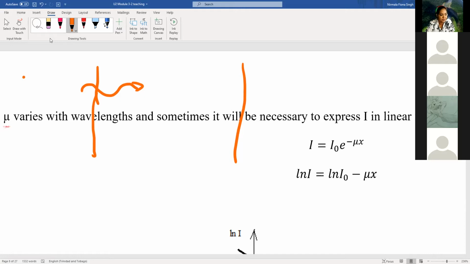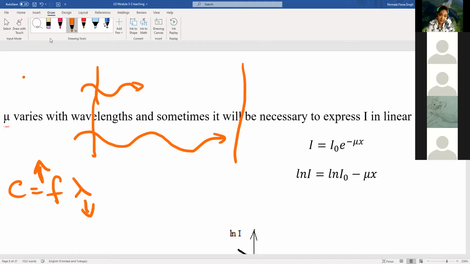But if I use an X-ray with a smaller wavelength, which means it has a higher frequency, c equals f lambda. When your wavelength gets small, your frequency gets large. So whether I use a bigger wavelength or a smaller wavelength tells us how far it's going to penetrate into your material.